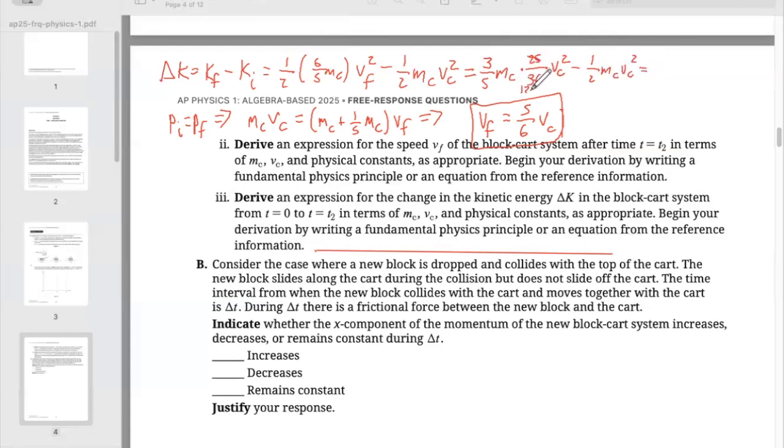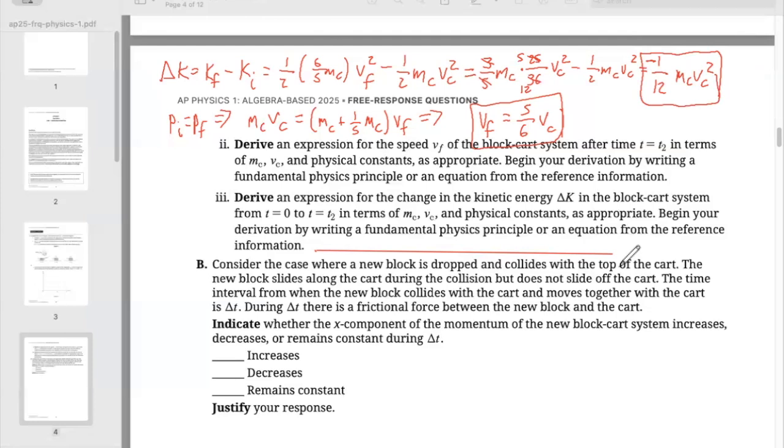We have to cancel a lot of stuff here. So 5 over 12 minus a half. Oh yeah, it should be negative. You should have a negative change in kinetic energy. Negative a 12th mc vc squared is your change in kinetic energy. I'm just taking initial and final, taking my expression for velocity from A part 2, plugging that in for final velocity and simplifying it down.